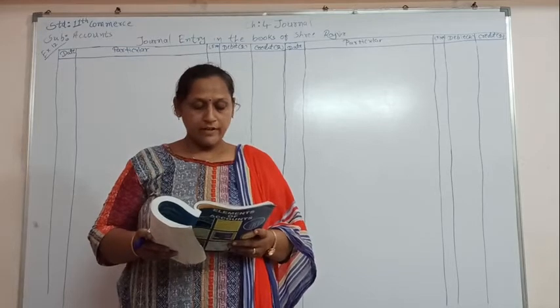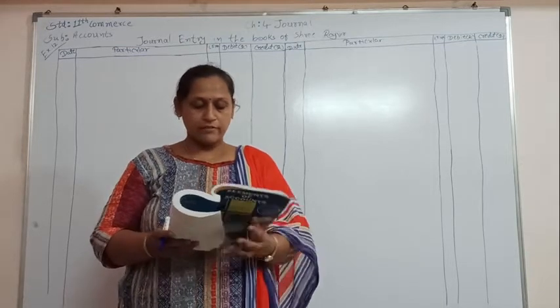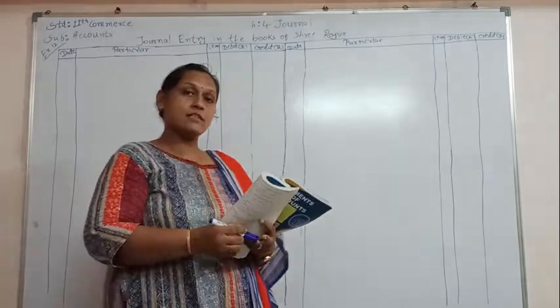Date 11. Paid rupees 1,500 for advertisement bill of Gujarat Samachar.